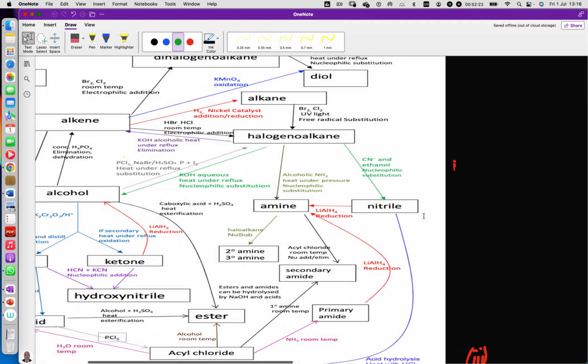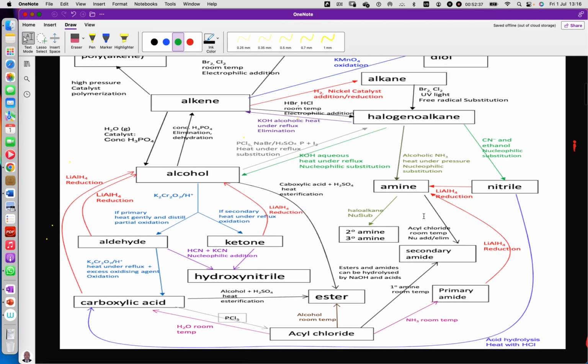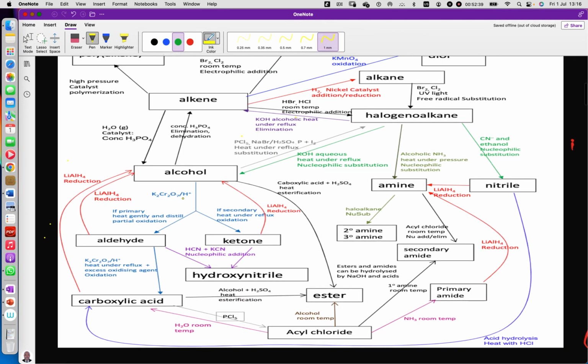Okay, I said alcohol can be oxidized to aldehydes. The flow chart here describes that alcohols are oxidized to aldehyde if it is a primary alcohol.